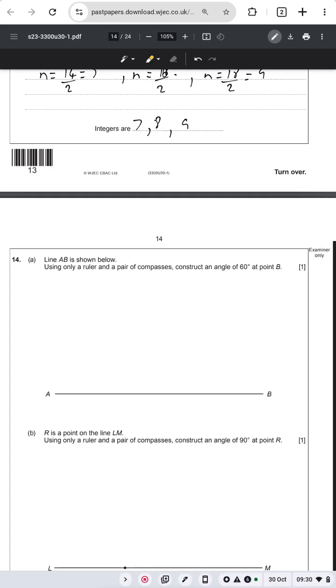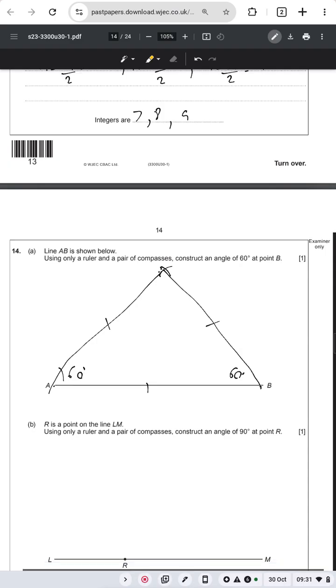We would measure the distance between A and B and set our compass to that, and then draw an arc when we put the compass at point A. We would then put the compass point at B, and draw another arc, and this would draw an equilateral triangle with 60 degrees in each corner.